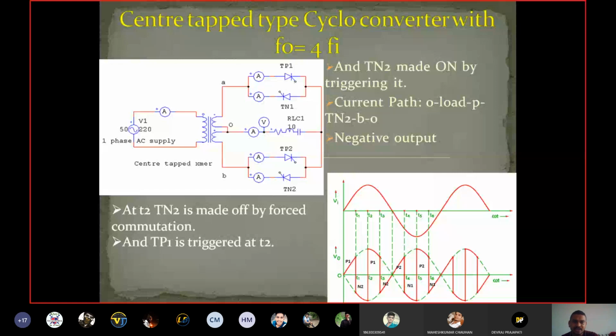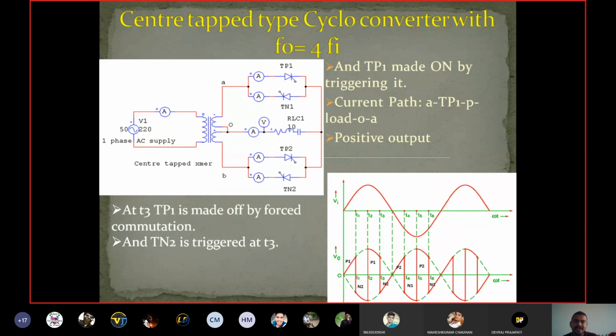Okay, so T2 टाइम पे क्या करेंगे हम? TN2 को हम forcefully off कर देंगे, और at the same time once again we are making TP1 thyristor on by giving triggering pulse. Okay, so once again we are making TP1 on by triggering it.